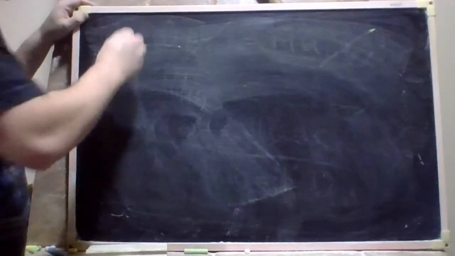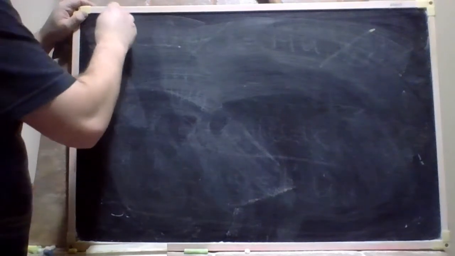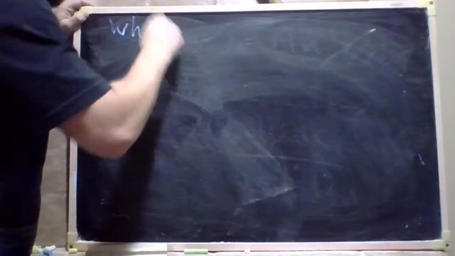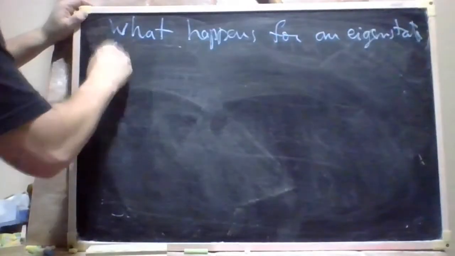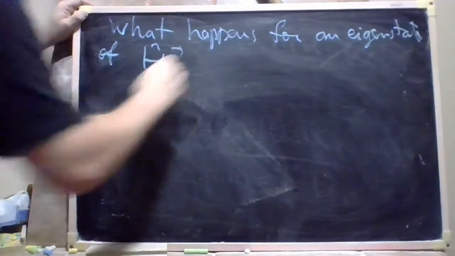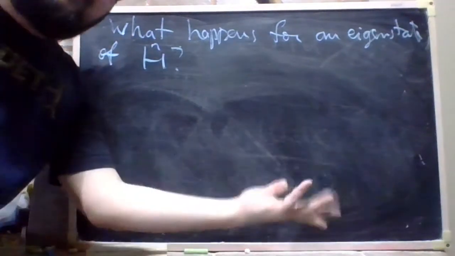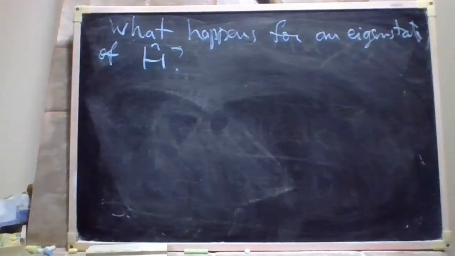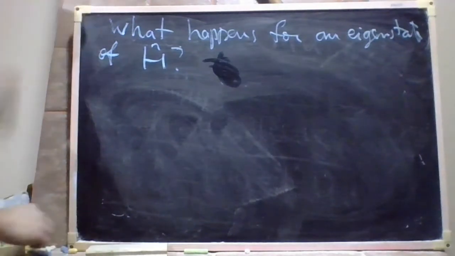For instance, suppose, or you can ask, what happens for an eigenstate of the Hamiltonian? What happens if I plug into the equation an eigenstate of the Hamiltonian? So say this is an eigenstate of energy with energy E. All right.